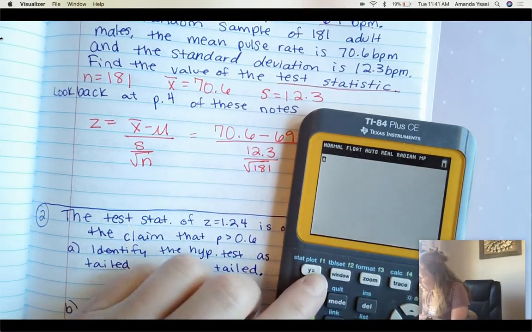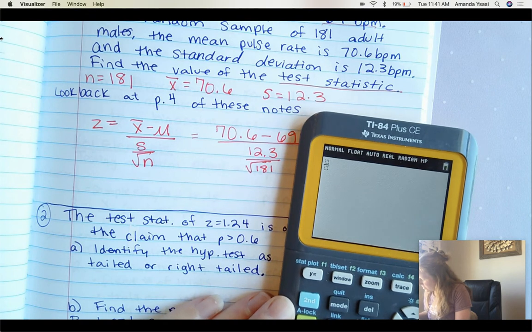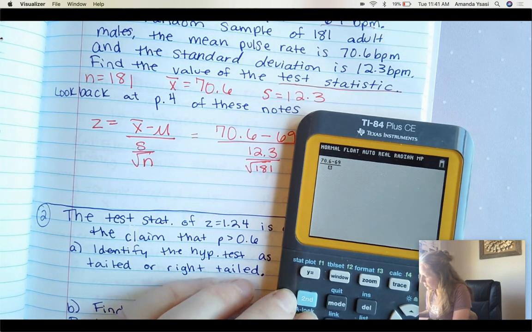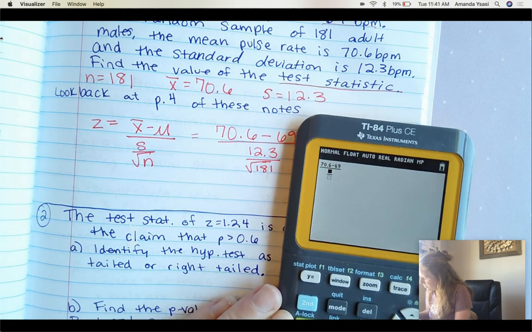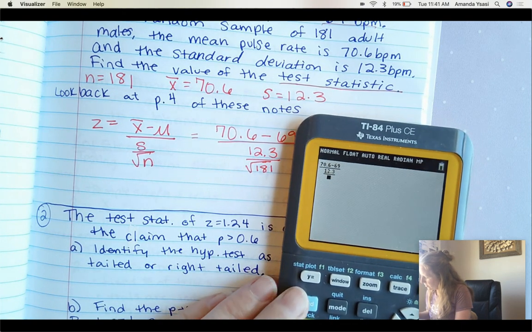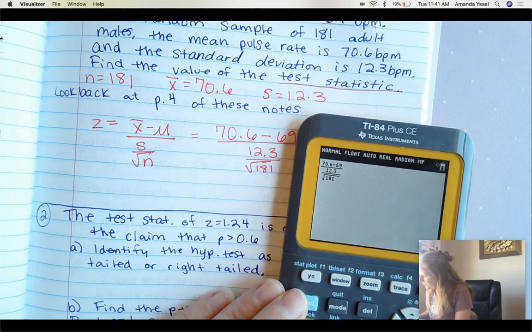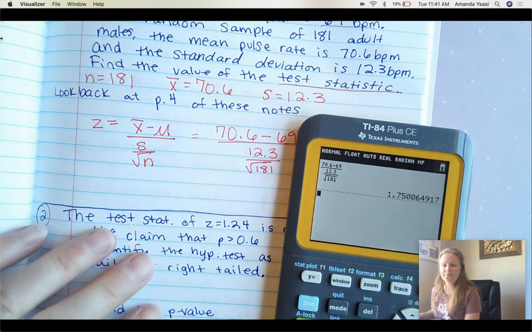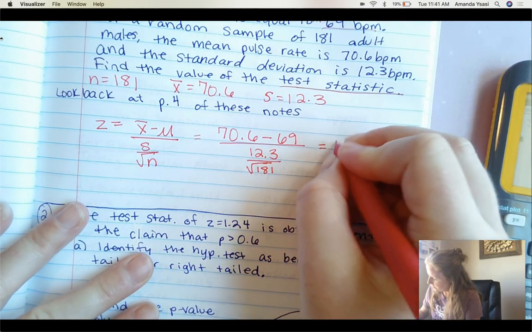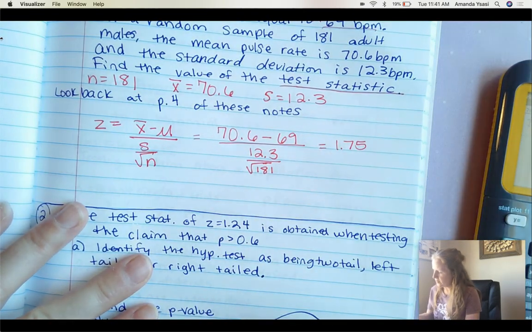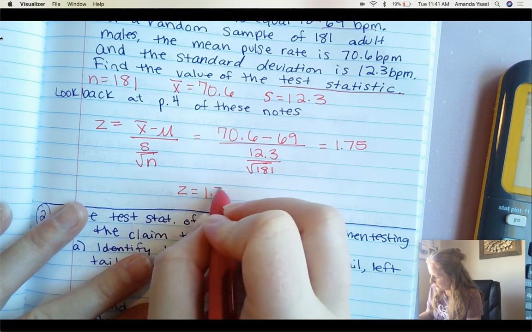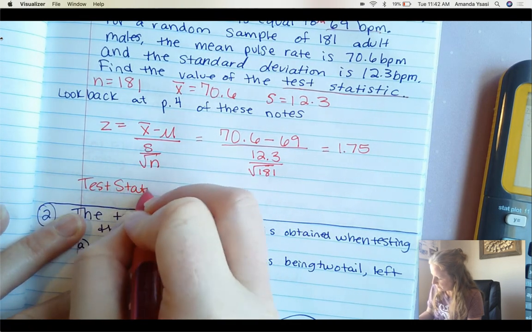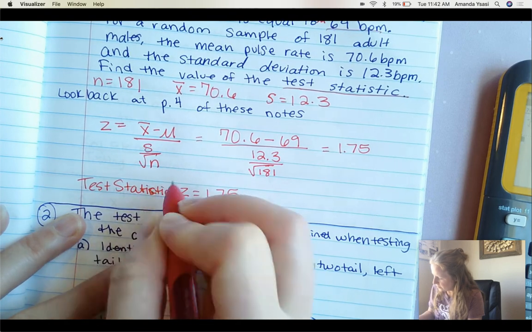We need a fraction: 70.6 minus 69 over another fraction, 12.3 over square root 181. And that is 1.75. Okay, so that is your test statistic. There we go.